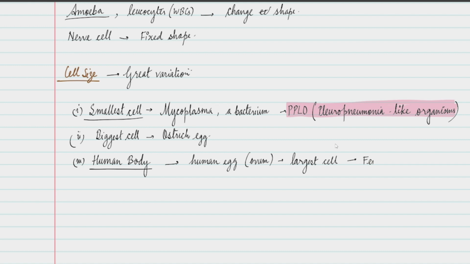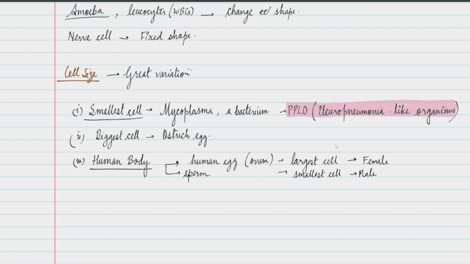In the male, they do not produce eggs. That would be the sperm, the smallest cell in the male. Largest cell in the female is the human egg.